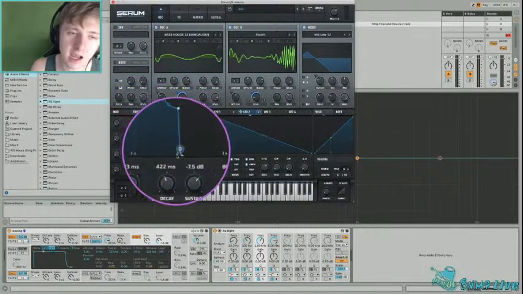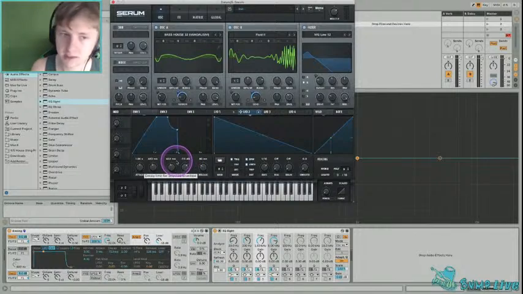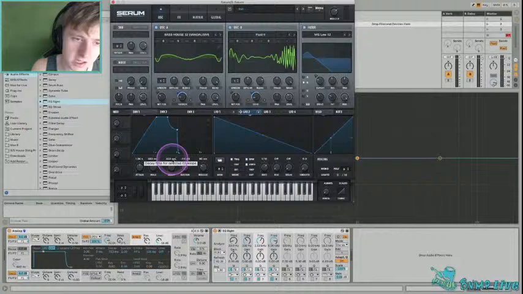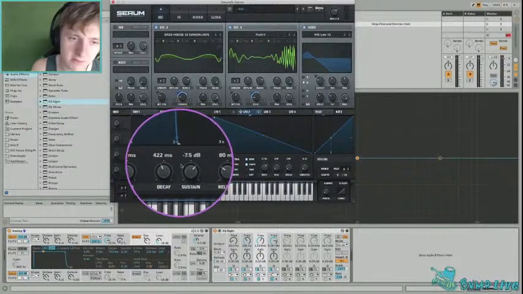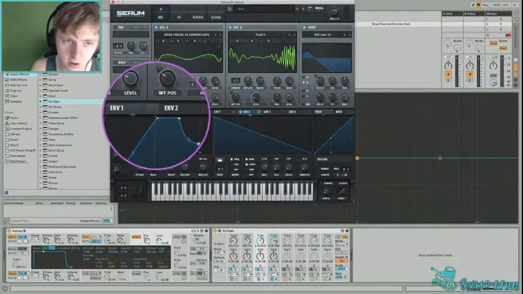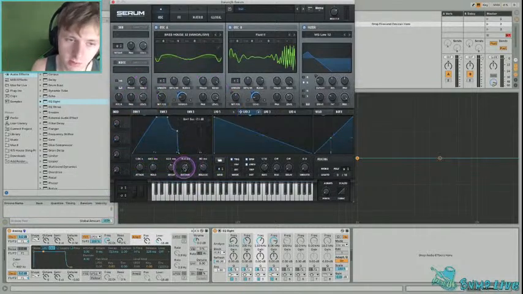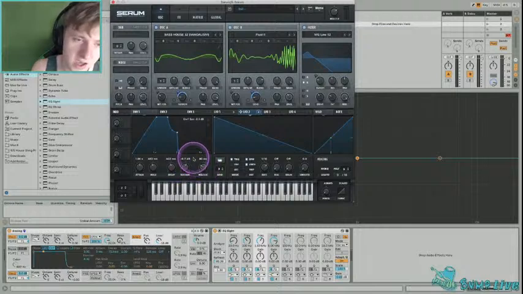Then it decays down to the sustain level, the sustain level being in dB, and the decay being in milliseconds. So all of these are time except for that sustain level. Hold level will always be all the way up, because that's just how envelopes work. Sustain, I could bring down as far as I want, or bring all the way up. Then the last phase is release, so how long it takes to decay out.